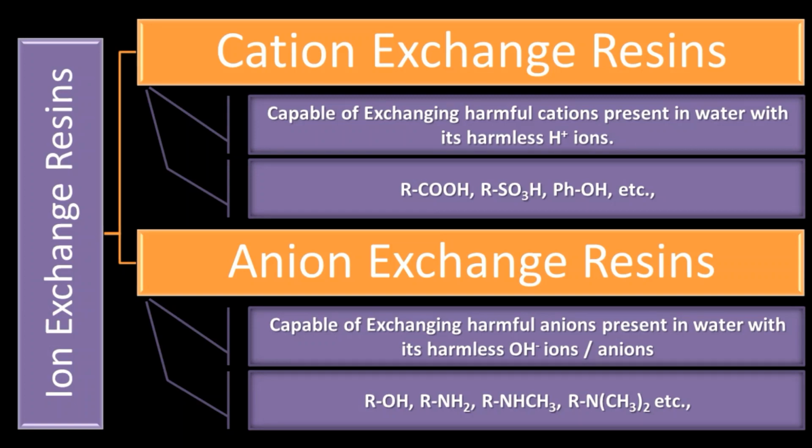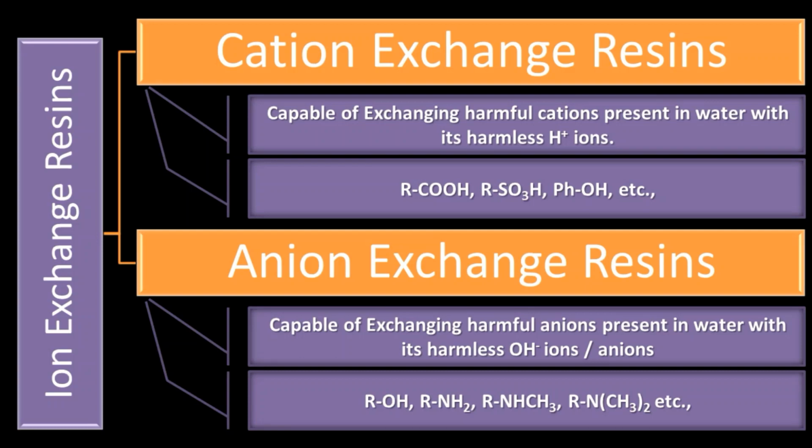Cation exchange resins are capable of exchanging harmful cations present in water like calcium 2 plus, magnesium 2 plus, Na plus, K plus. These cations are harmful to the boiler, hence we mention them here as harmful cations.